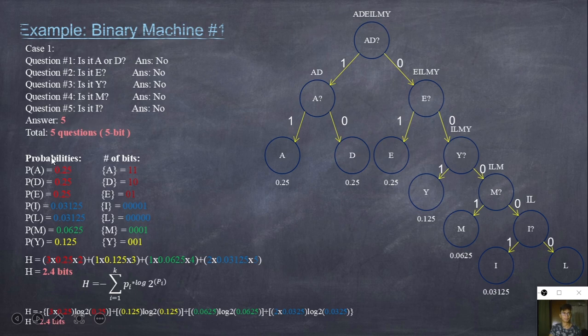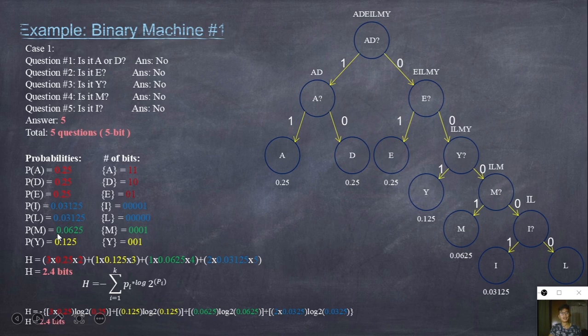For the probabilities, A is equal to 0.25, D is 0.25, and E is 0.25. We look for them in the binary machine by level. For I, it is 0.03125, and L is 0.03125 also.